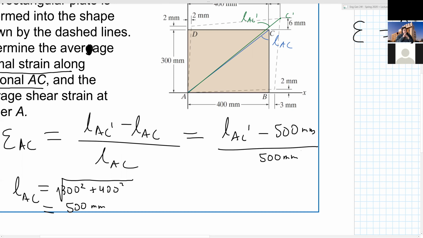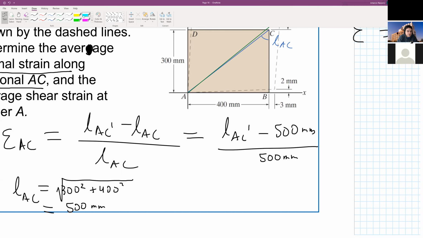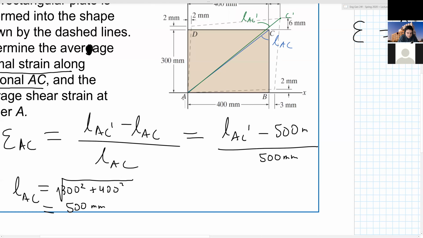My hint for finding LAC prime, the new length, the take-home message is this. Yes, you can create any type of triangle with law of cosines. You can make this triangle, the dashed one, with the green one.